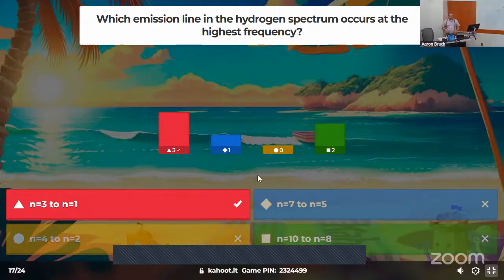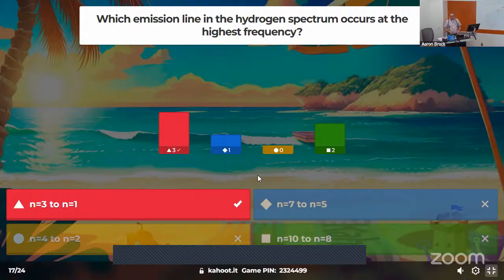Okay, so you had to put together a couple of concepts here. First of all, frequency and energy are directly related. So the energy gap that is the biggest would also give us the highest frequency light. That was the first thing that you had to put together.